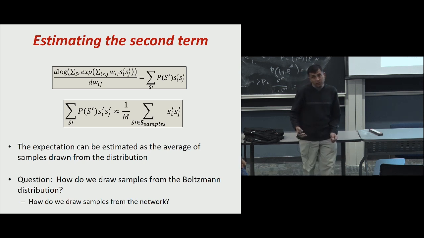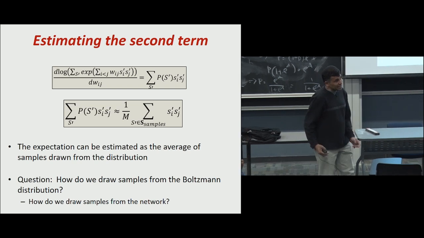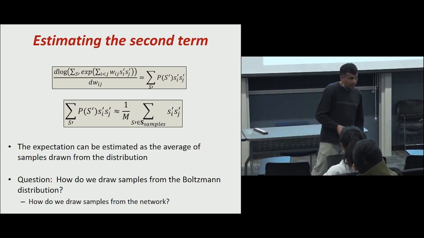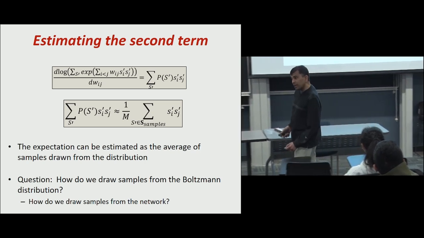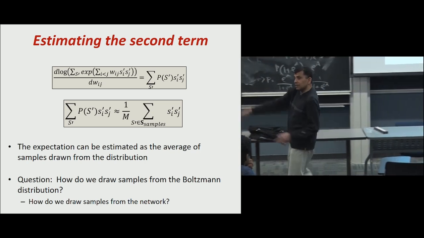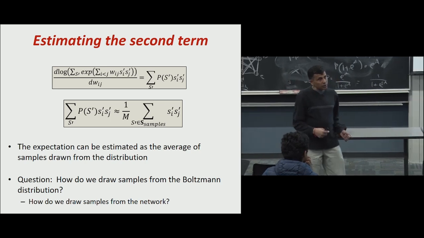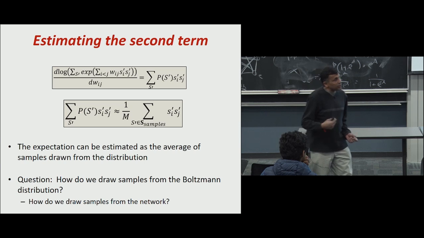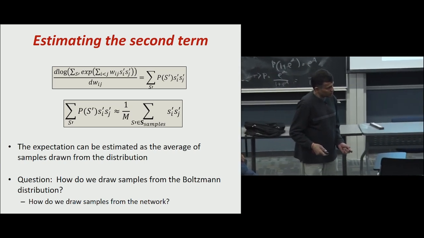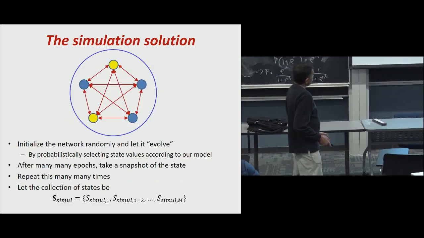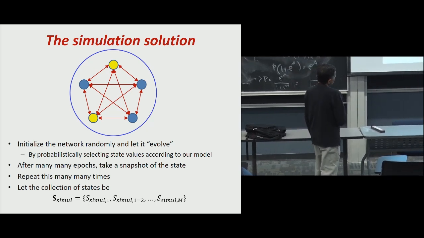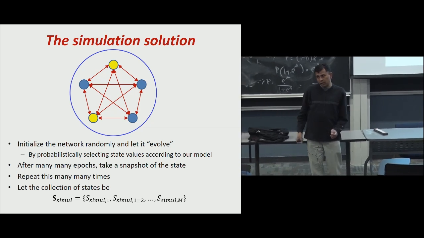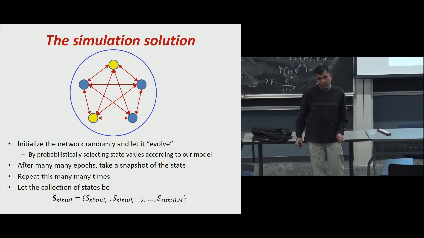How do we draw samples from the Boltzmann distribution? We've already seen that the Boltzmann machine is a generative model. If I just let it run, eventually after some time, if I begin taking snapshots of the machine, it's going to give me samples from the Boltzmann distribution. And so I can initialize the network randomly and let it evolve by probabilistically flipping coins according to the probability for each state.